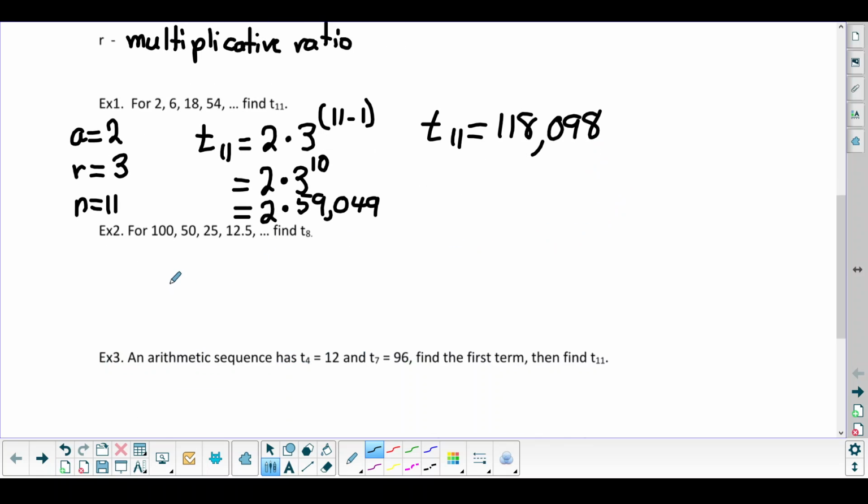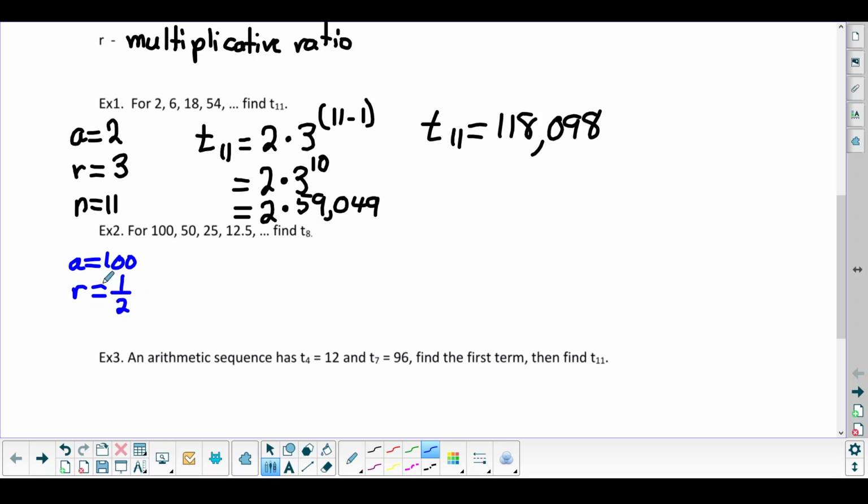Let's take a look at the next one here. So this is the same example sequence we saw before. So we start at 100, so our A value is 100. Our R, our ratio, is a half, because it is halving, multiplying by 0.5 or dividing by 2.